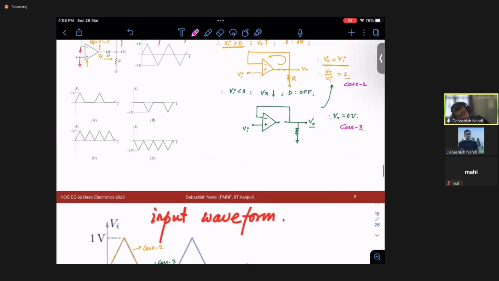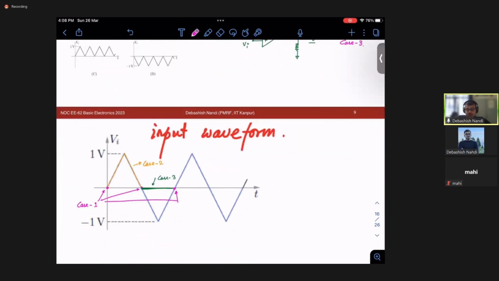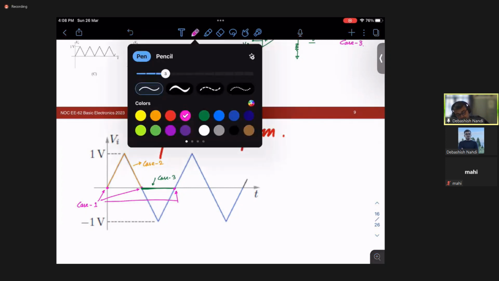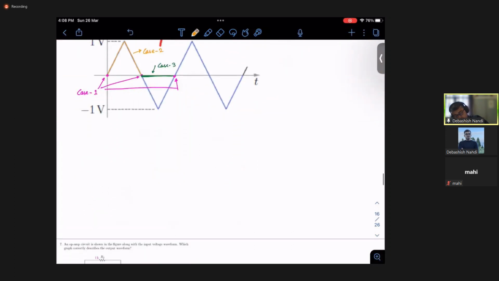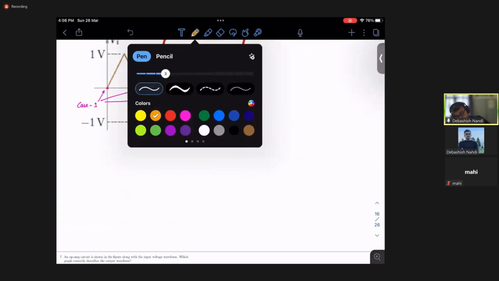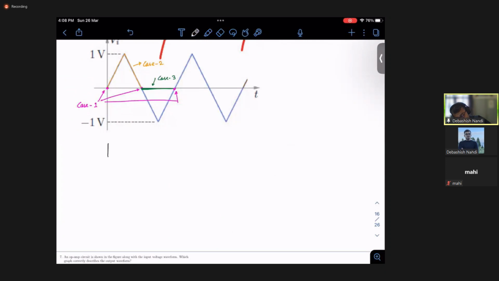This is case 1. Then it will go to case 2, again case 1, again case 3, again case 1, then again case 2. So how will your output look? If I draw the output waveform, it will simply look like this.